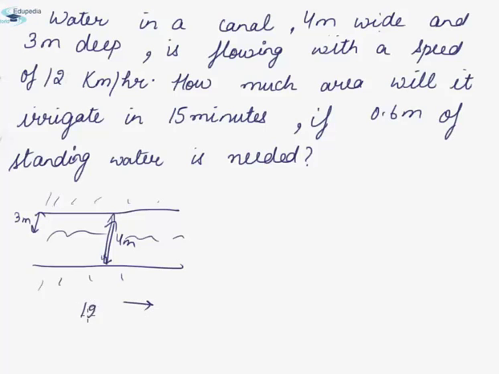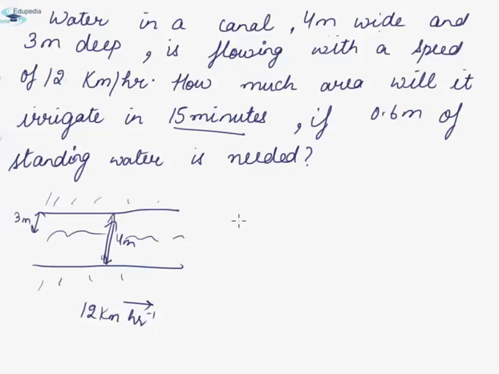Water is flowing at 12 kilometers per hour. Now friends, how much area will this canal irrigate in 15 minutes if 0.6 meter of standing water is needed?